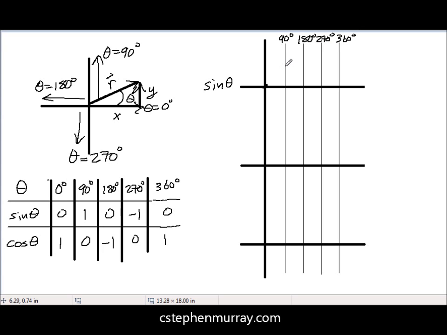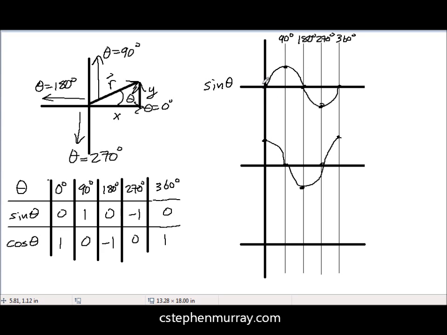Sine starts at 0, then goes positive, 0, negative, 0, which gives us a classic sine curve. Now, notice that cosine starts at 1, then goes to 0, negative 1, 0, etc.